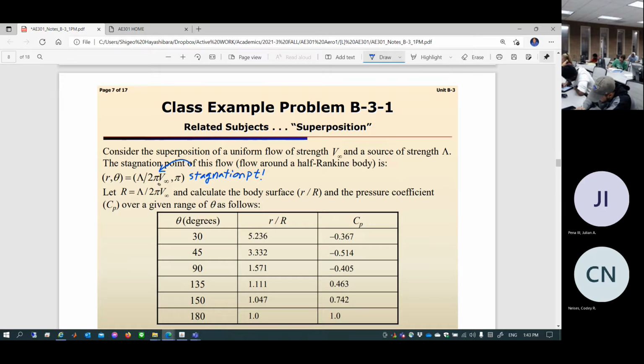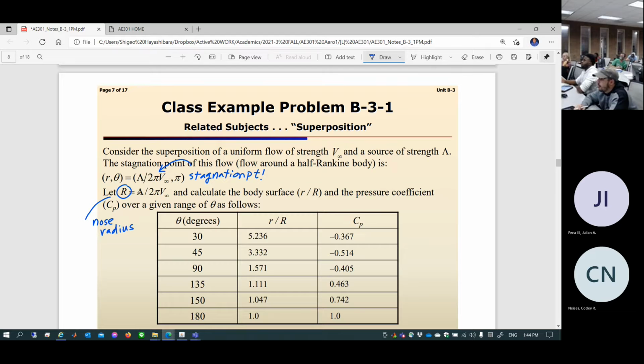r equal to lambda over 2 pi b infinity, theta equal to pi. And then this is the nose radius, as we defined. Let's calculate something called the ratio of little r over capital R. Little r is a coordinate location.